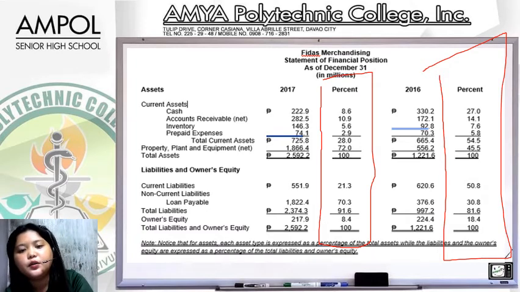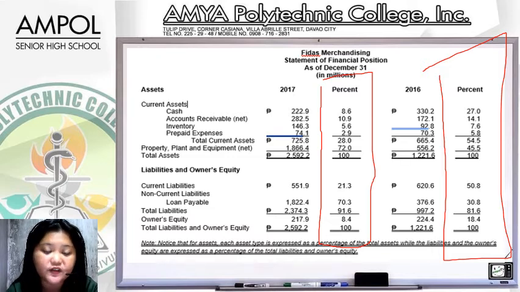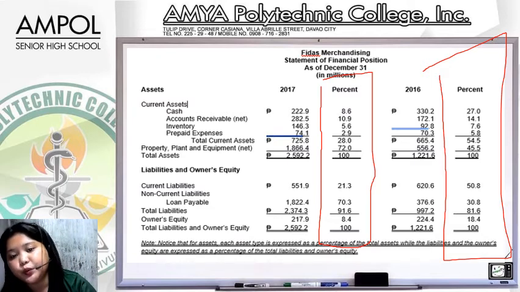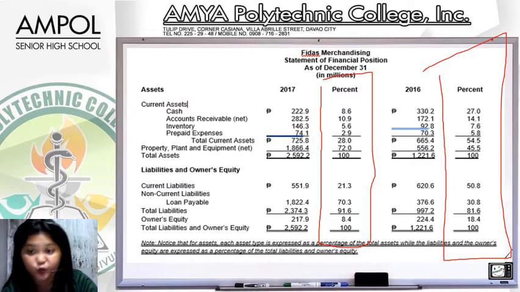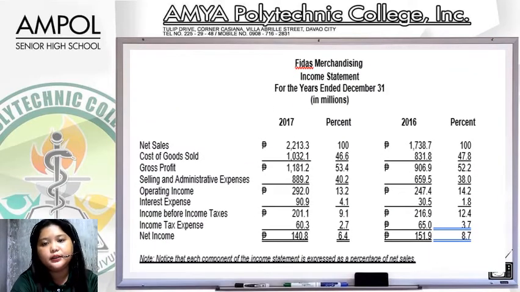So you have to notice that for assets, each asset type is expressed as a percentage of the total assets, while the liabilities and the owner's equity are expressed as a percentage of the total liabilities and owner's equity. Next, this one, the same also. You have also noticed that each component of the income statement is expressed as a percentage of net sales.